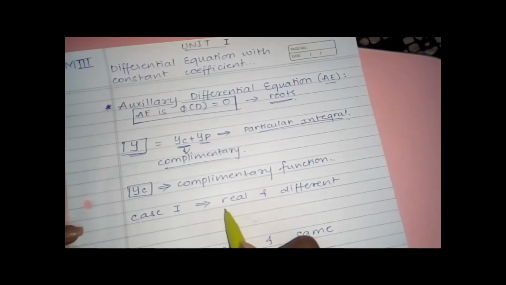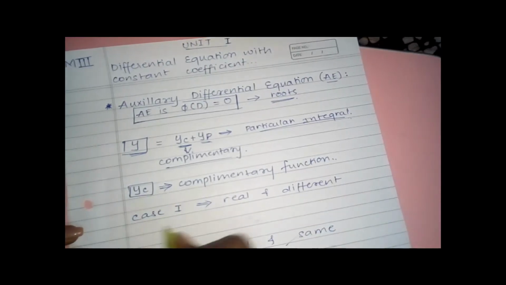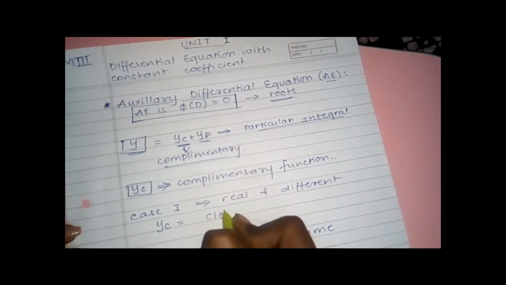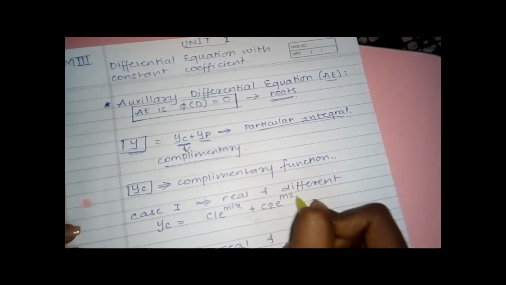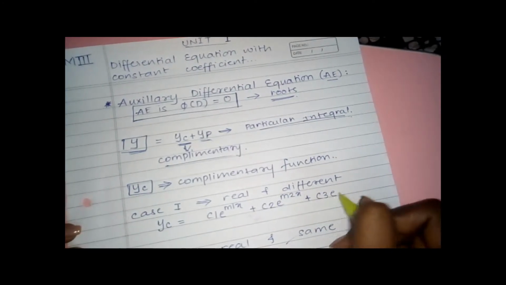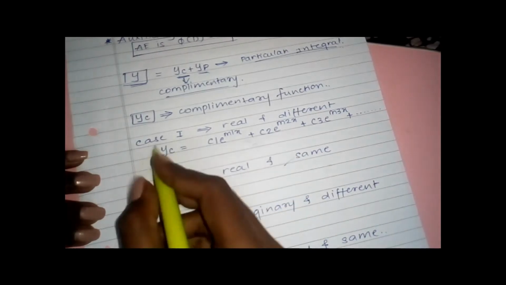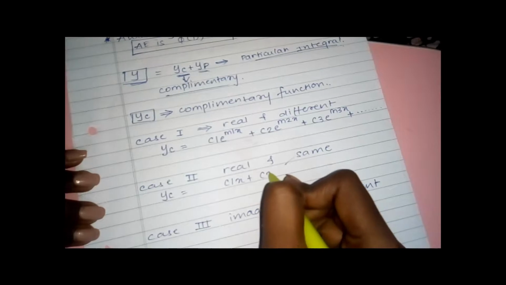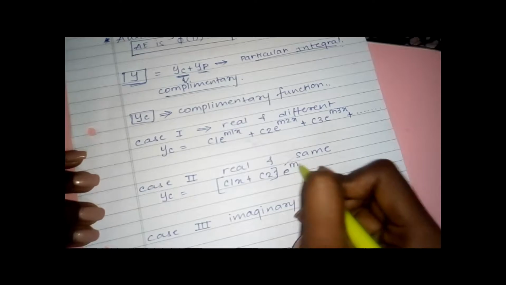The first case is real and different. In real and different, yc is equal to c1 e raised to m1x plus c2 e raised to m2x plus c3 e raised to m3x plus so on. Now in the second case, for 2 equal roots, yc is equal to (c1x plus c2) e raised to mx.